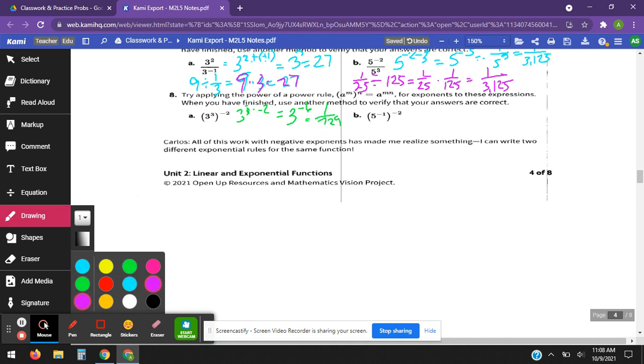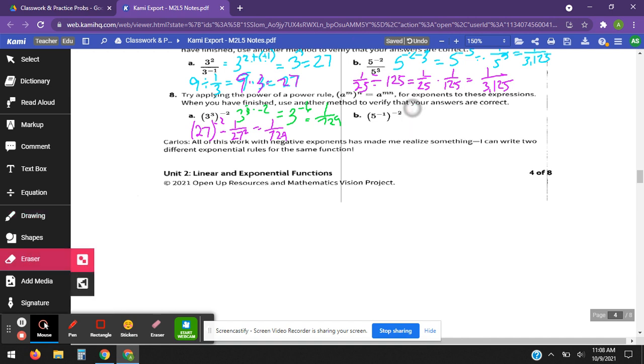Now 3 to the third is 27, and if we do that to the negative 2, that equals 1 over 27 squared, which equals 1 over 729. You can double check that all in calculators if you don't believe me, but it works.